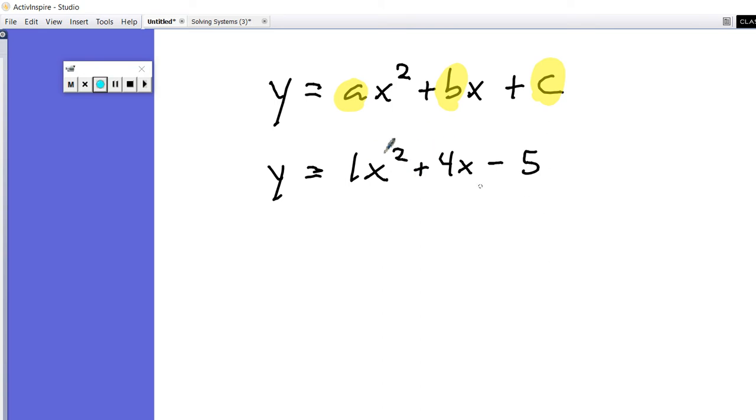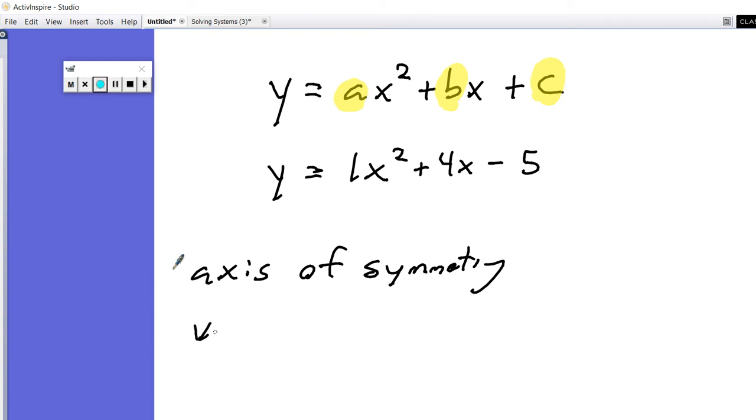Okay, so if we're going to graph, we need to know a couple of things, and one of them is called the axis of symmetry. And the second thing is called the vertex. To find the axis of symmetry, we use a formula from the quadratic equation that is called minus b over 2a.